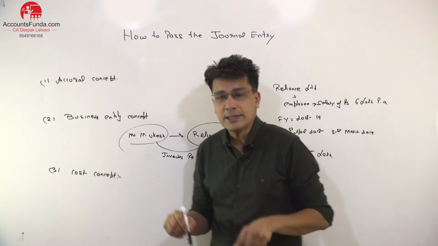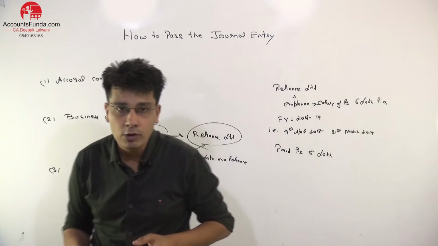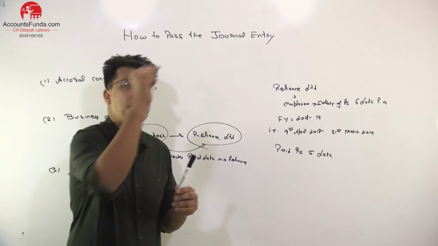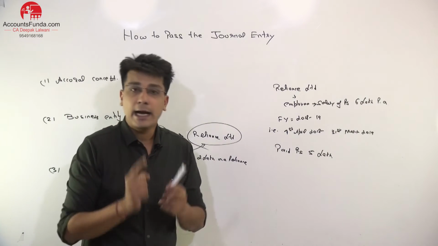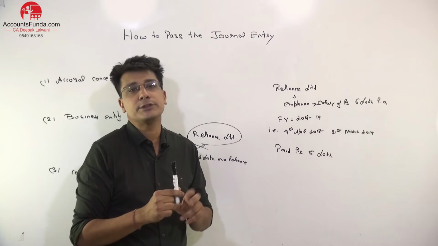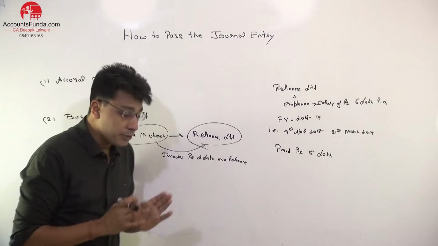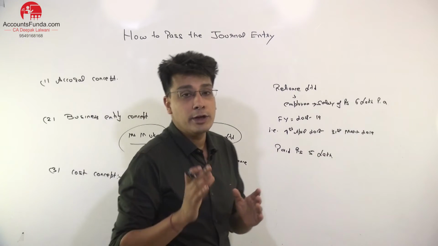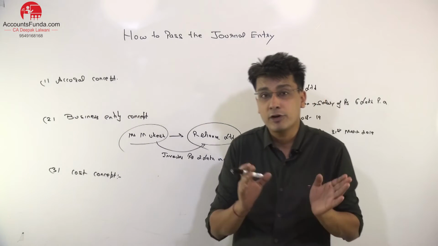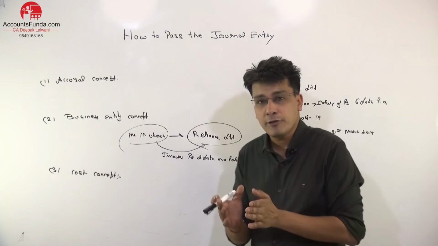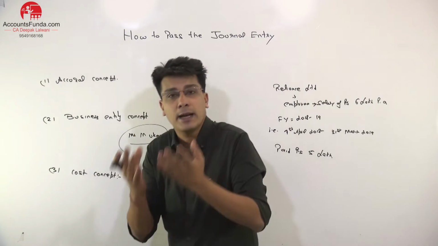So at what price will I record it in the accounts? In accounts, I have to record that I have bought this car for 30 lakh. I cannot record this car at 50 lakh. Why? Because the accounting concept says you have to record each and every entry for the amount you paid or you are obliged to pay.